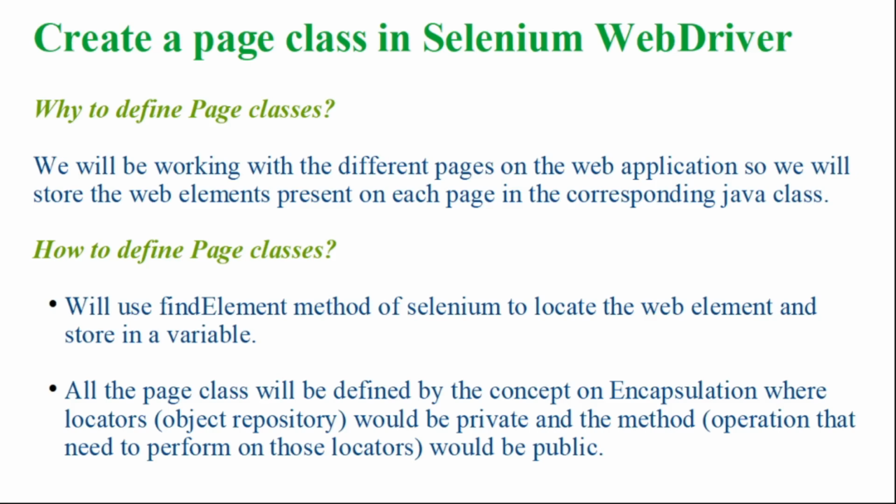And for the operations we need to perform, like there is a button, so we need to click that button, or if we have a search box available, we need to enter the value into the search box, right? That operation we create in the form of a method, and that method would be public. So this is basically a page class.